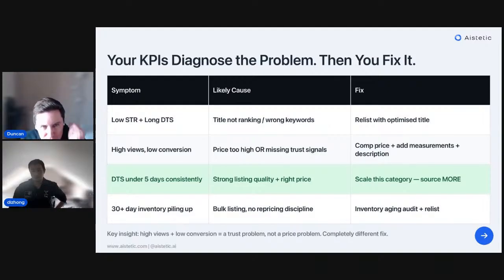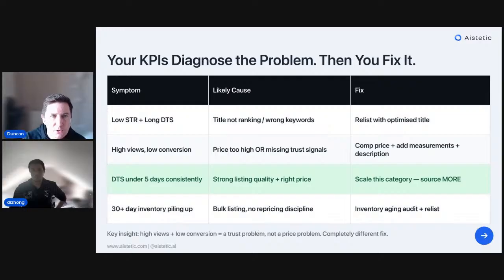When we think about the KPIs, these are different problems caused by different elements, and they require different fixes. If you have a low sell-through rate and a long days to sell, your title's not ranking and you've got the wrong keywords. The fix is relisting with an optimized title. If you have high views and low conversion, the price is too high, or you're missing trust signals.